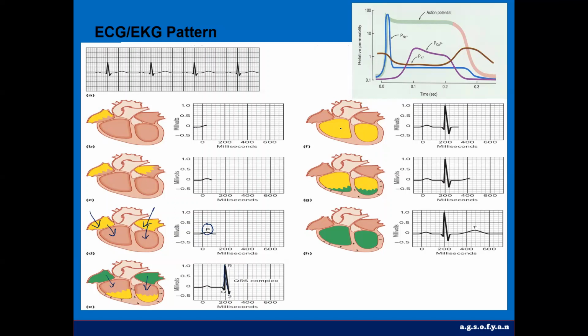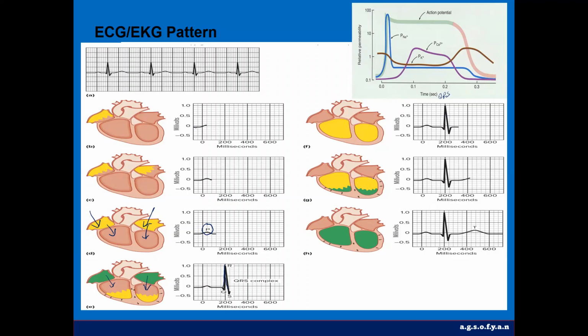Now, when the blood fills up the ventricles, the calcium channel will be closed. So the QRS wave over here will be going down because the calcium concentration is going down.